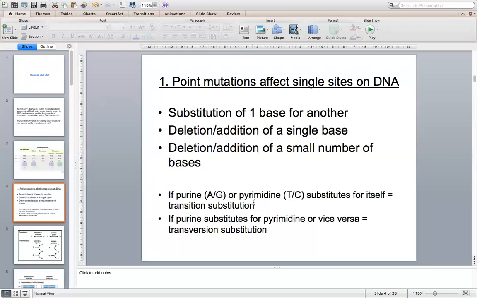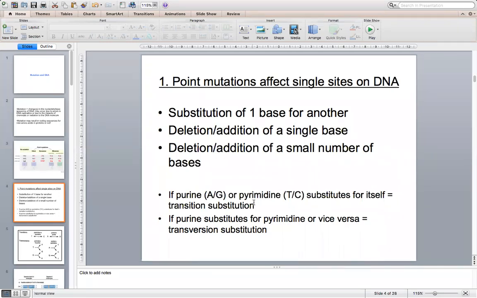We all know that there are two kinds of bases, purines and pyrimidines. If a substitution takes place within the purines themselves or within the pyrimidines themselves, we call it a transition substitution. However, if the substitution takes place across groups, a purine with a pyrimidine or a pyrimidine with a purine, you call it a transversion substitution.